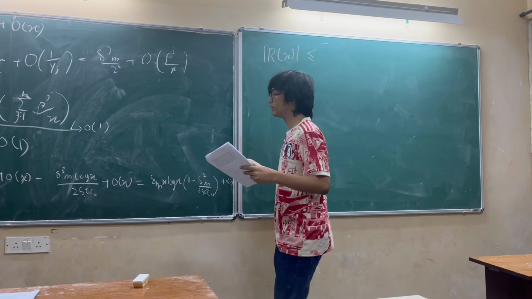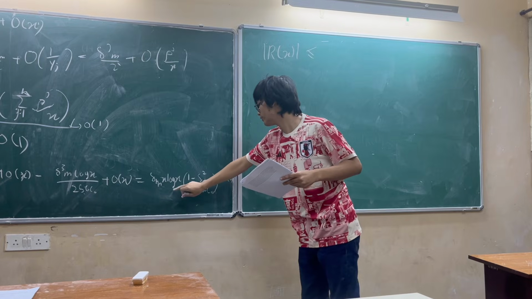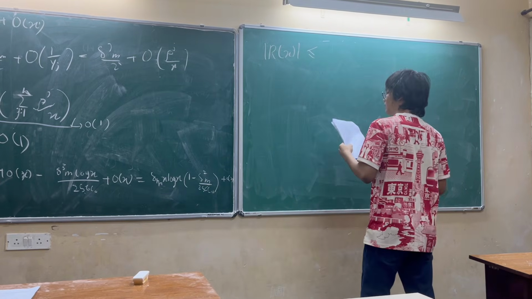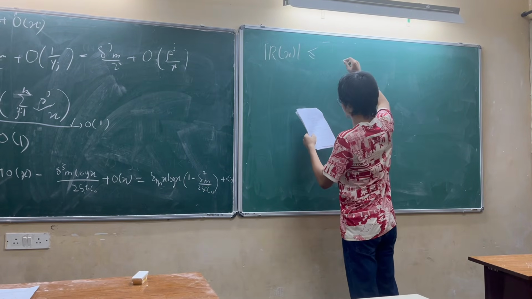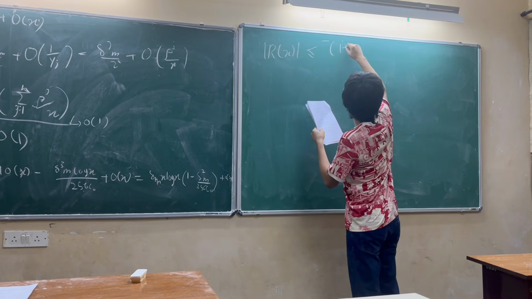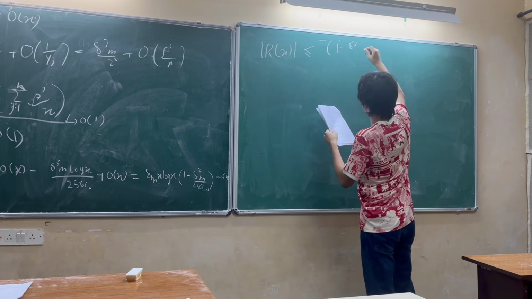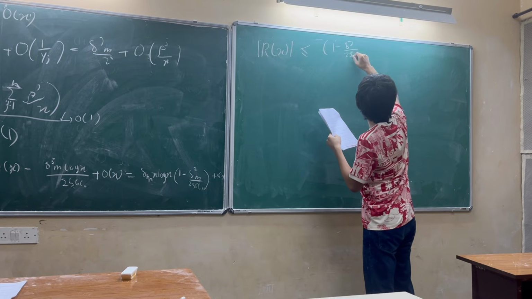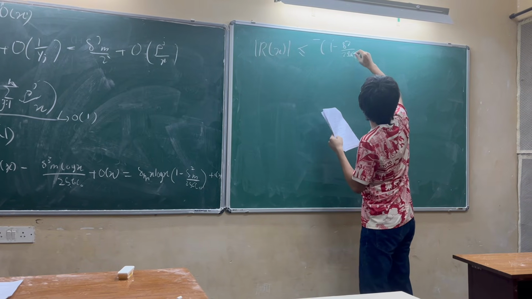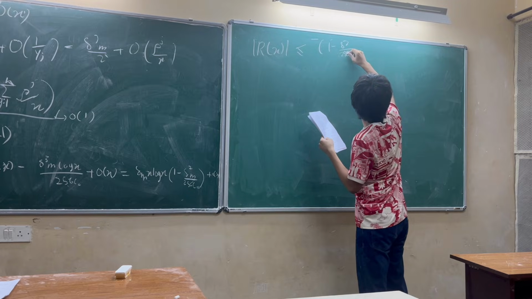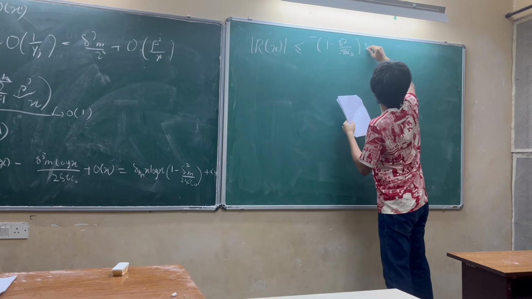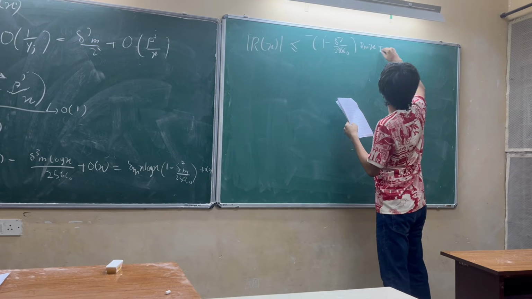So it was a 1 by log x term here, but you have another log x here, it gets cancelled, and we are left with 1 minus delta squared by 256 c naught times delta m x plus.